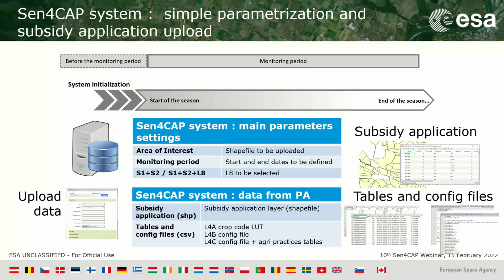And depending if you want only the markers or if you want also the more advanced processors, you will be asked to provide some tables or some parameters in configuration files along the season. Of course, you need also to upload your subsidy application to provide the parcel boundaries and the crop types that were declared by the farmers.